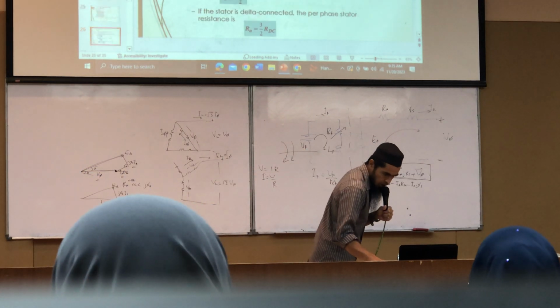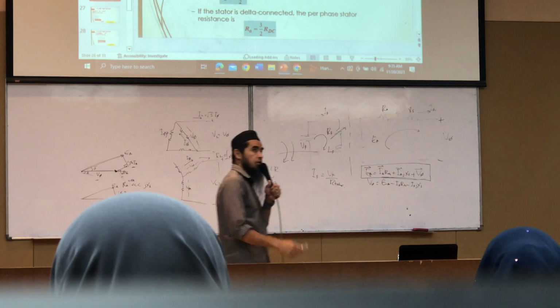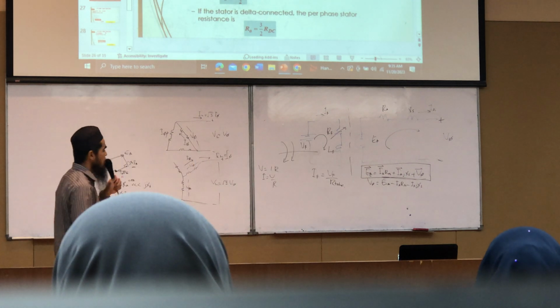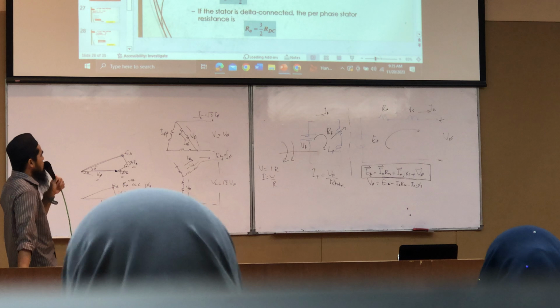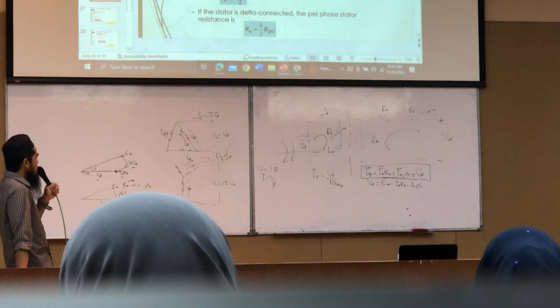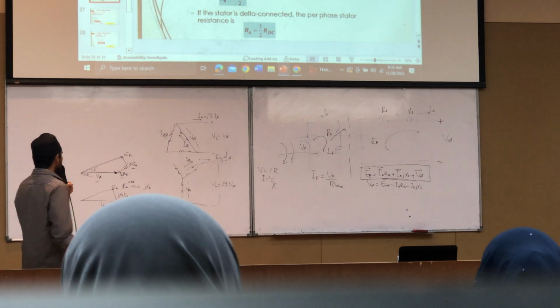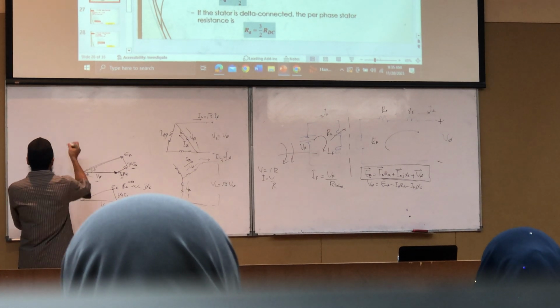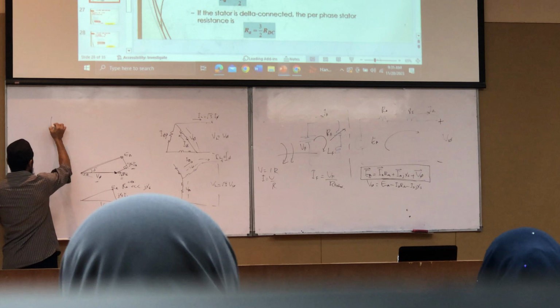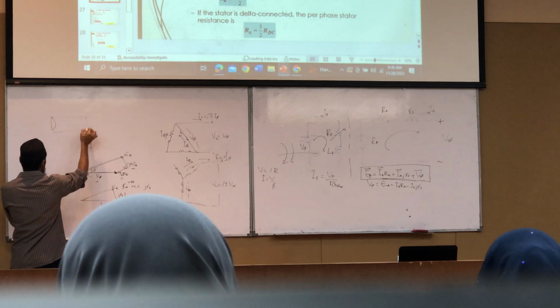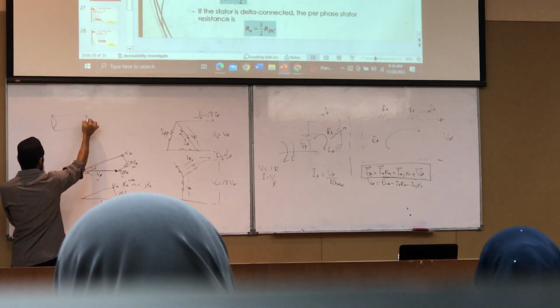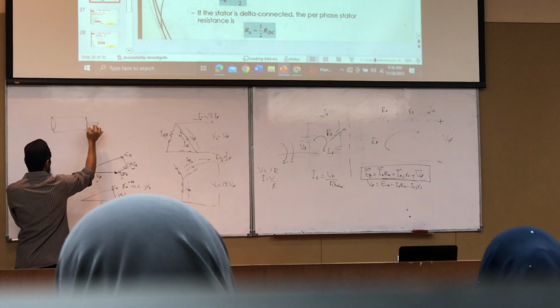So for the machine, either you have a generator or a motor. If you take a look at the physical appearance itself, you can see that the machine comes out with a shaft.